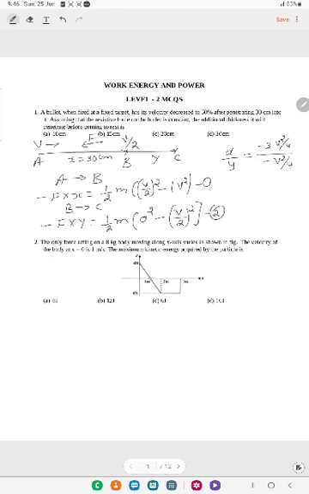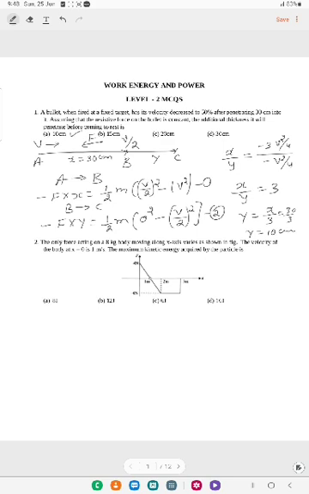So X by Y is equal to 3, or Y is equal to X by 3. X is 30 centimeter, so 30 by 3 will be 10 centimeter is the correct answer, that is A is the correct option.